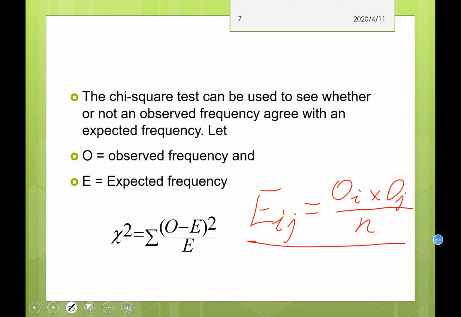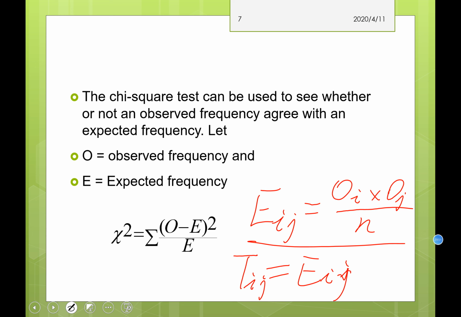And please notice that in some other textbooks they use T to represent the expected frequency. They call it theoretical frequency. So that is the same as the capital E, expected frequency. They are the same, just with a different character.